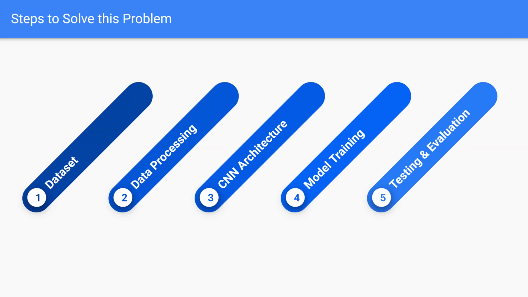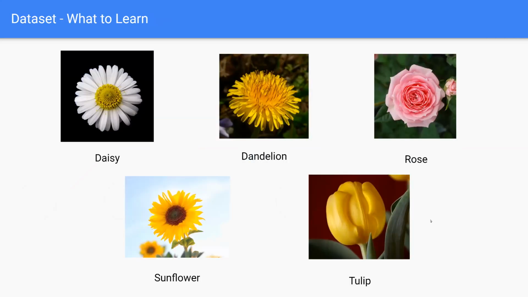We'll start off by looking at the concepts involved in these steps, and then at the end we'll do a quick demo to see some of the details of how this all works. Okay, we're here again. We'll start off with the data set.